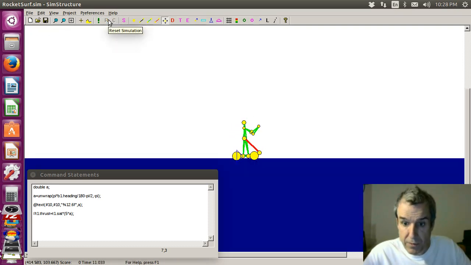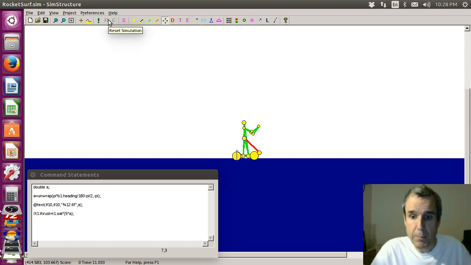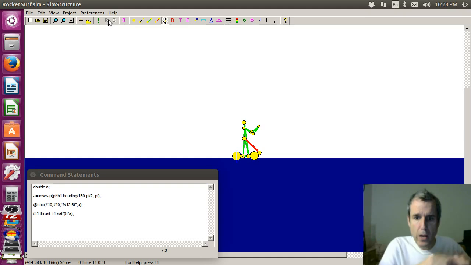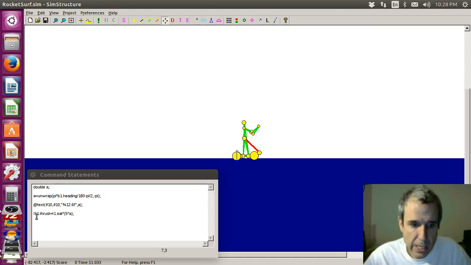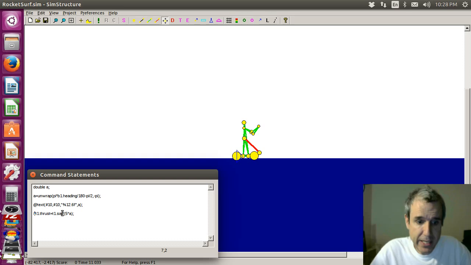So this thing will fly if you do it right, but we have to make a, let's see. How about we make a controller?